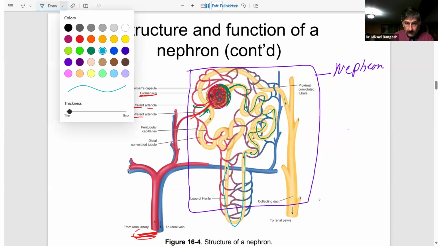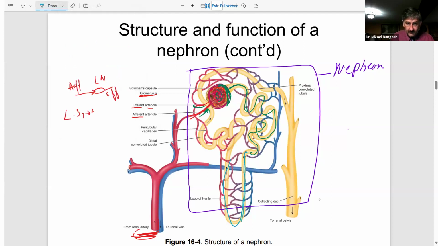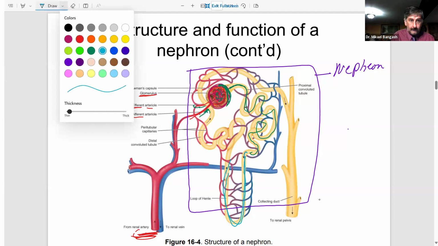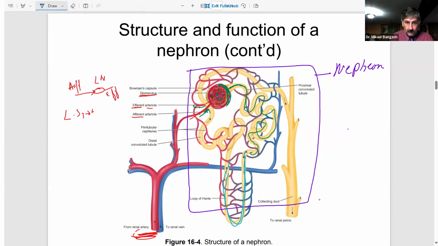If this is the loop of Henle, you have an arrow pointing down here, so this is going to be the descending limb of our loop of Henle.